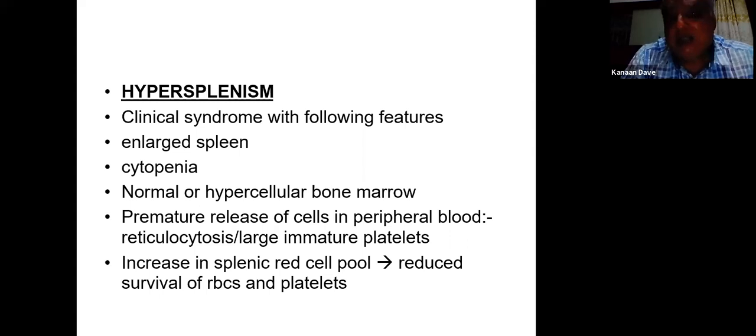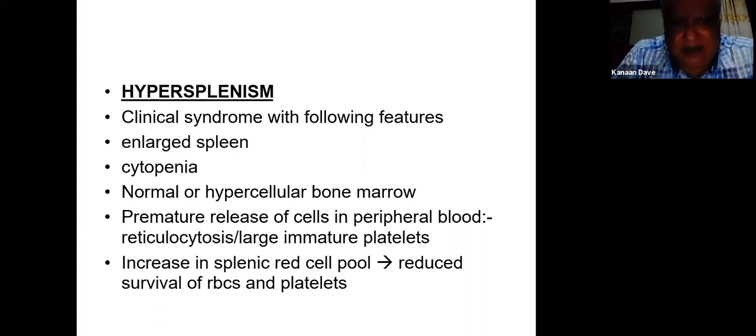So megakaryocytic activity is increased, the megakaryocytes are increased, the red cell precursors are increased, and the white cell precursors are increased. And we may see also an increase in other cells within the bone marrow. The reticular endothelial cells may be increased within the bone marrow. We may see parasites in the bone marrow, and so forth.